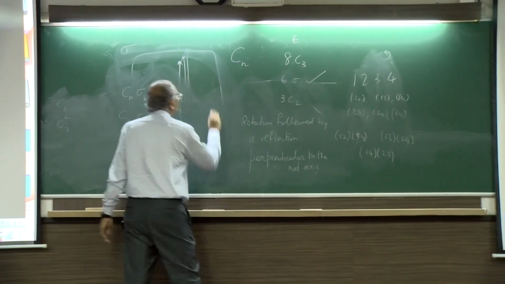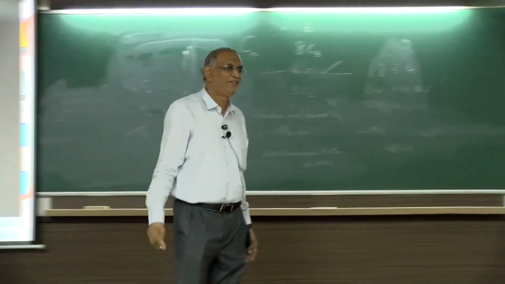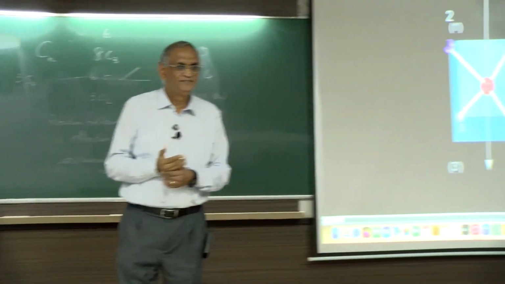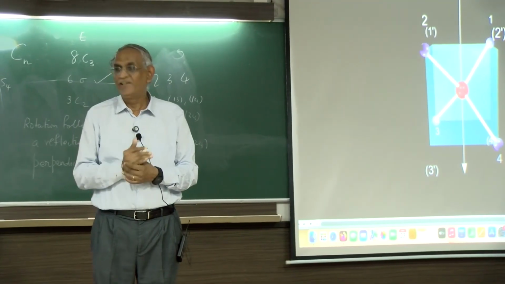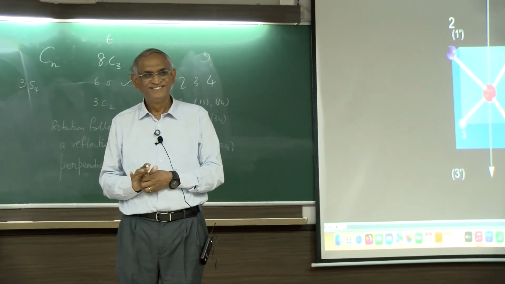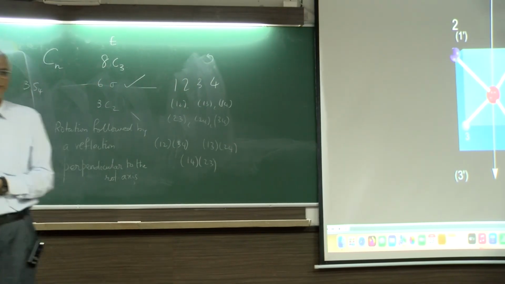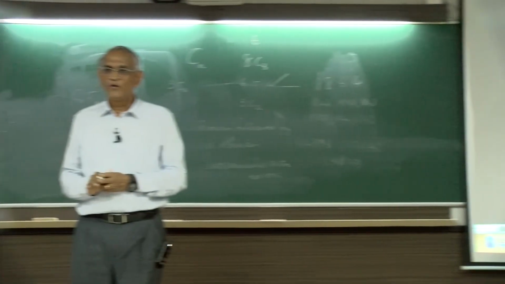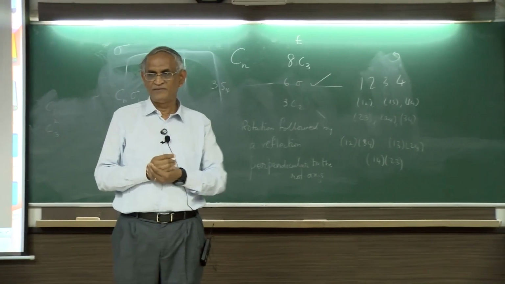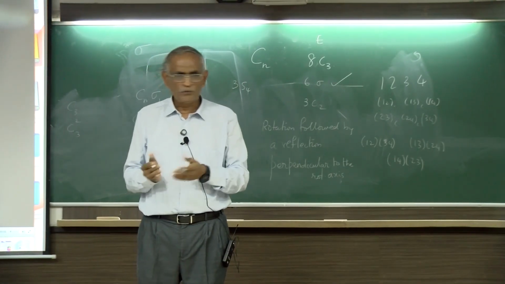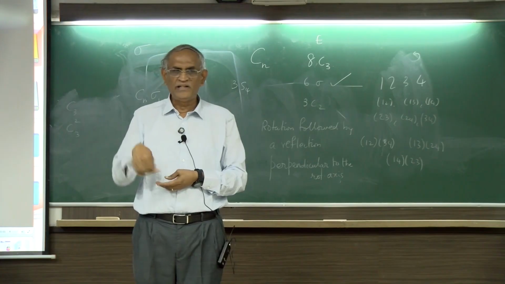Are we finished with them, or do we have anything more? If you give an answer, you should also know why. What is special about 90 degrees? What about minus 90 degrees, if you rotate the other way around?